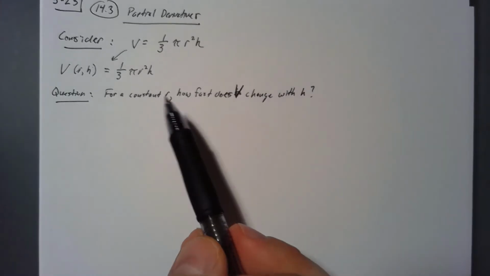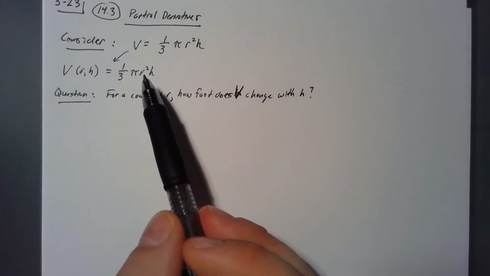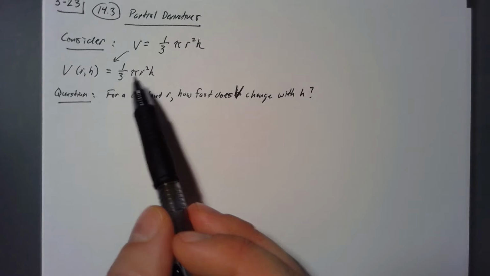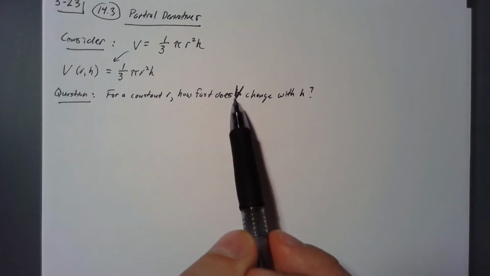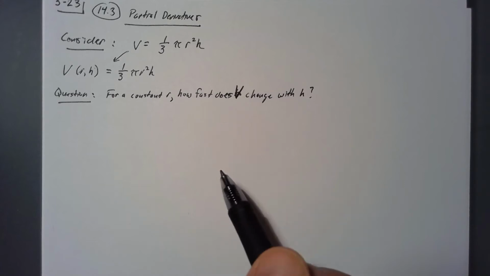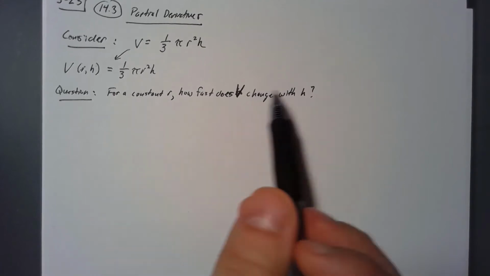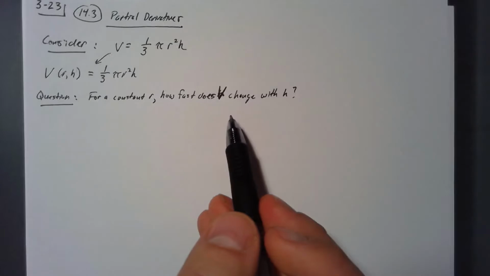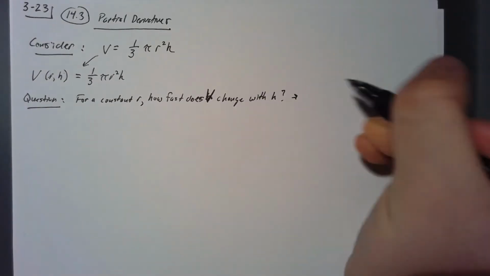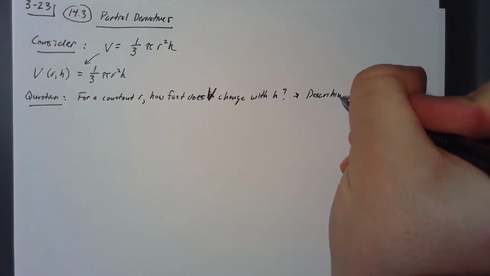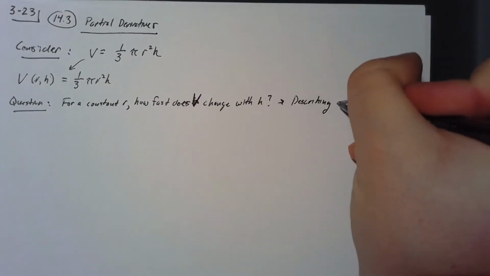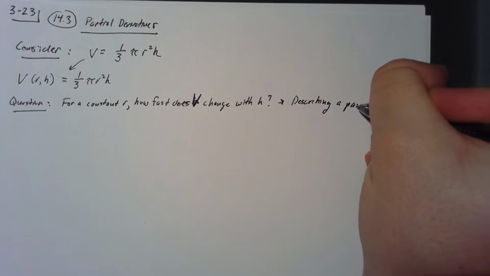So if I hold r constant, I want to find how much the volume changes with respect to height instead. That's what I meant to, yeah, this is V. So this right here is basically describing a partial derivative.